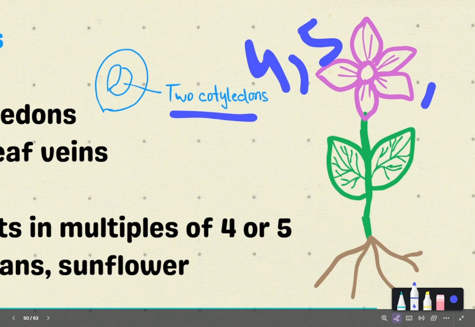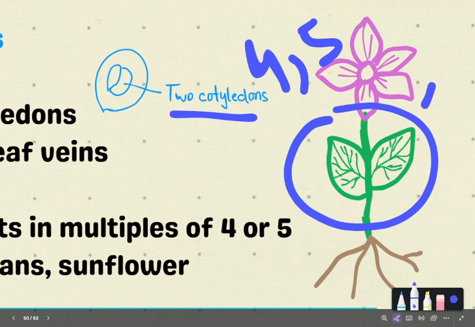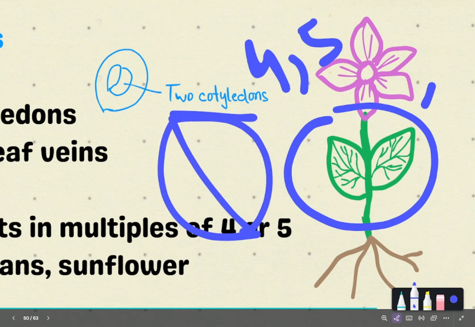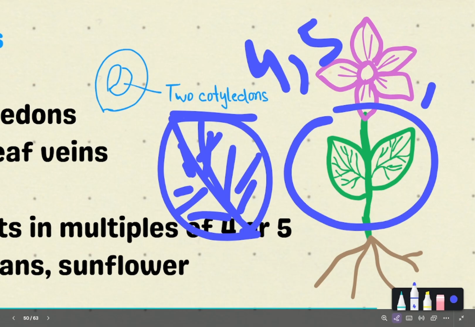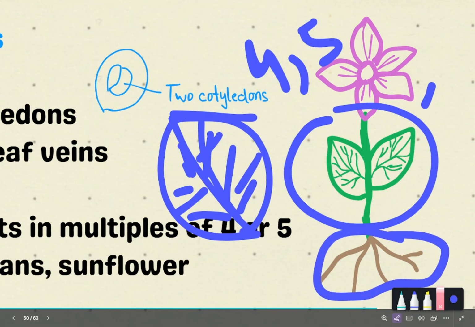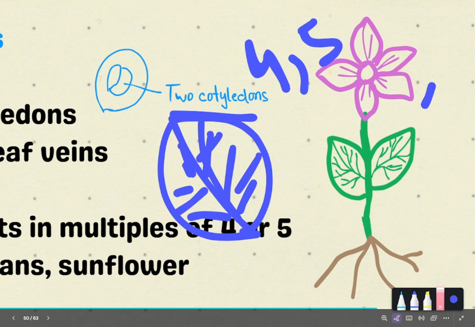And also look at these leaves. Their leaves are going to be broad, and they're going to have a network of veins inside the leaves. And they also have tap roots. So this is the third key feature that tells me that this plant is a dicotyledon.